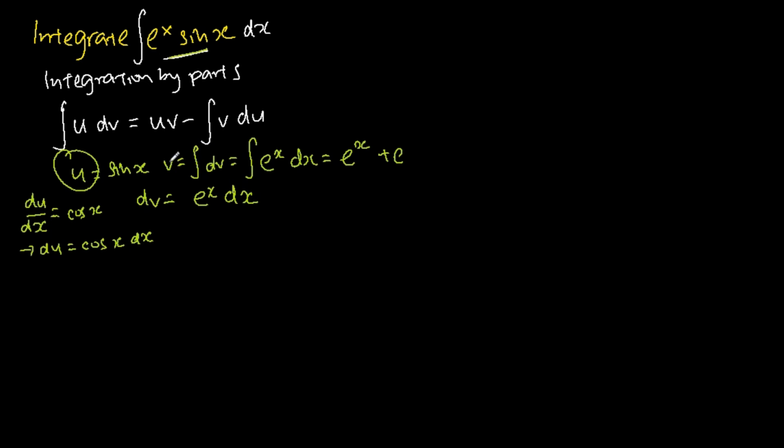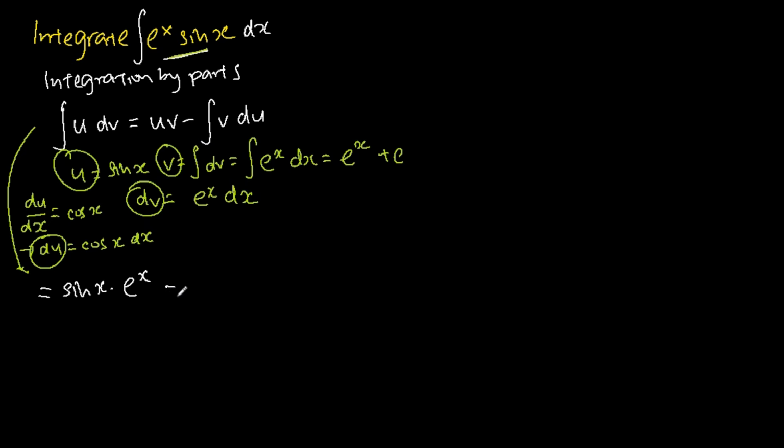Okay, so once we are able to find my u, v, dv, and du, I can use the integration by parts equation to define the next step. So the next step will be as follows. The integral of e to the power x sine x dx, where u is equal to sine x and dv is equal to e to the power x dx, is equivalent to u, which is sine x, times v, which is e to the power x.